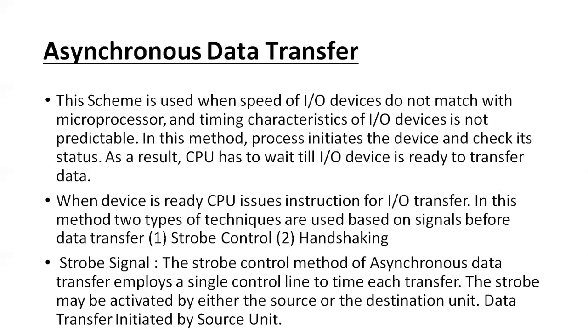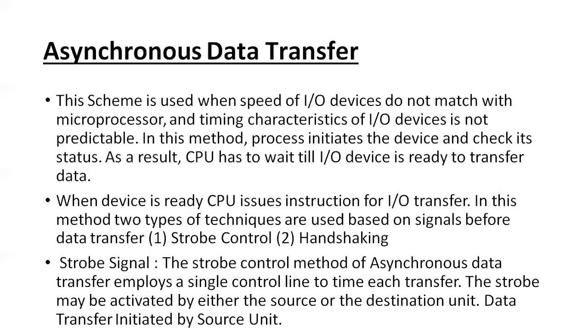When the device is ready to transfer the data, the CPU issues an instruction for input and output transfer. In this method, two types of techniques are used based on signals before the data transfer: one is strobe control and the second one is handshaking.